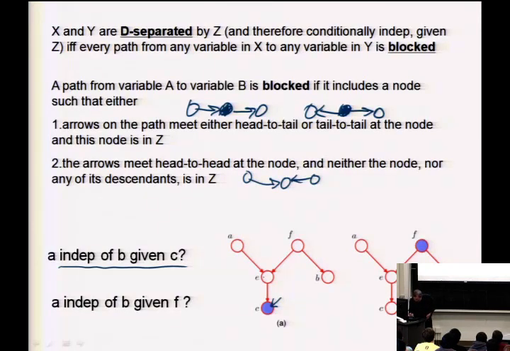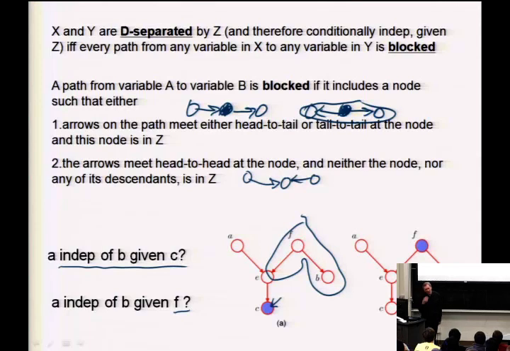The problem here is that node E would have blocked it if it didn't happen to have this unfortunate descendant. But since it does and it's observed, we now know something about E, and now it no longer blocks the path. And given F, yes, that would do it because now we have this structure, and that'll block it. So you get the idea.